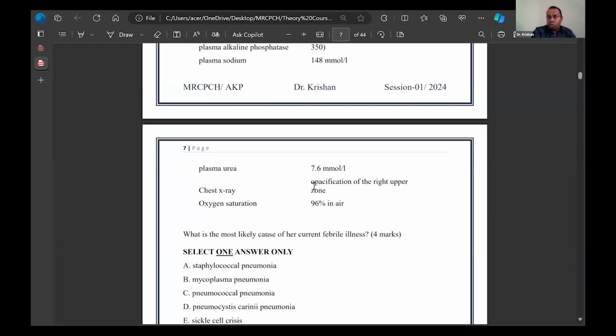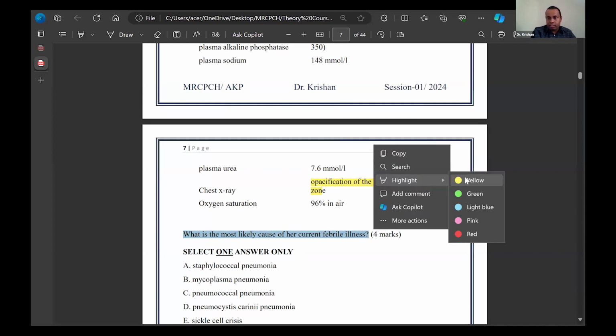And X-ray shows opacification of right upper zone. Oxygen saturation is 96%. What is the most likely cause for her febrile illness?